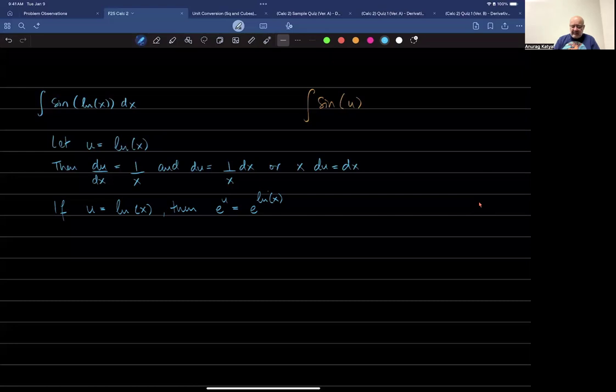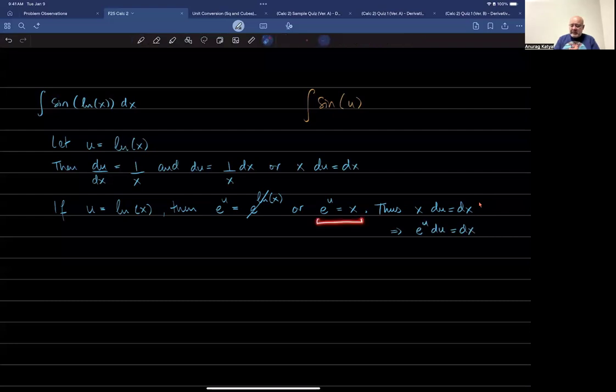And because these are inverses of each other, that goes away. And you can say e to the u is equal to x. So that means when I make the substitution, thus, when I say that x du is equal to dx, this implies that e to the u du is also equal to dx because we just proved that right here.